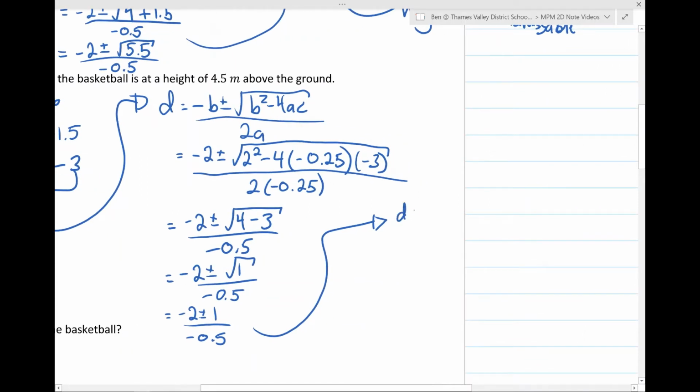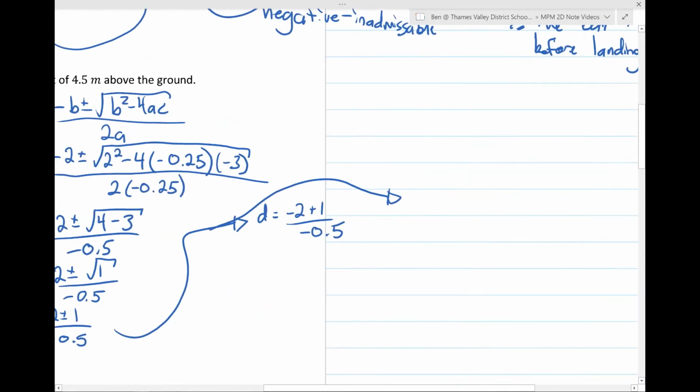We can use that to give us our two solutions. Our first one, d equals negative 2 plus 1 divided by negative 0.5. And our second solution will be d equals negative 2 minus 1 divided by negative 0.5. So here I'm working with negative 1 over negative 0.5, which equals 2.